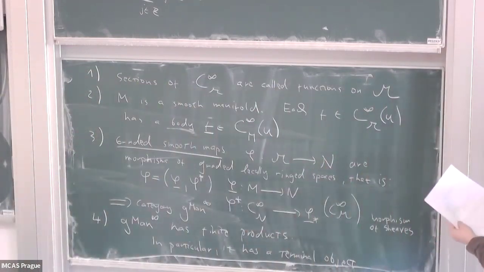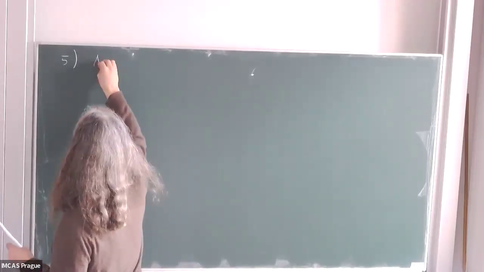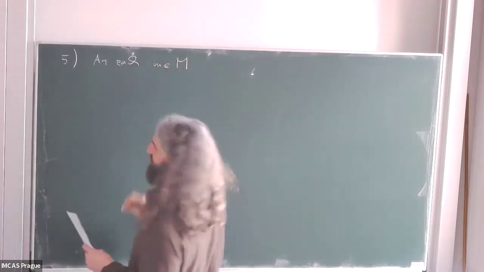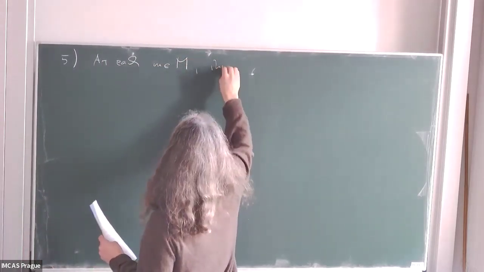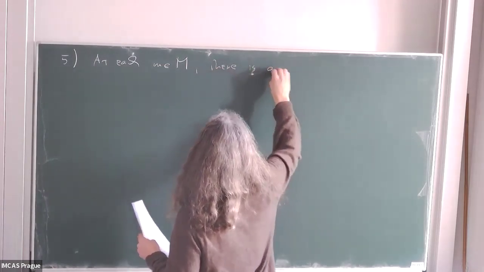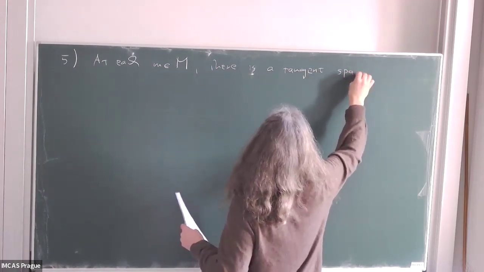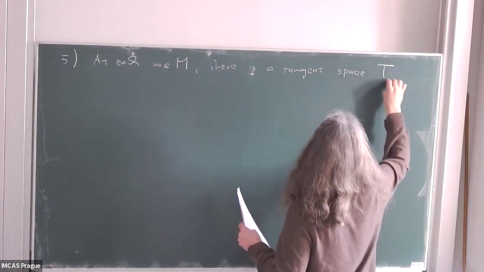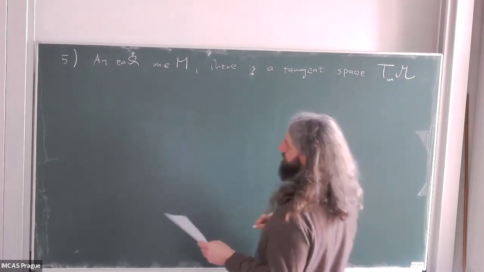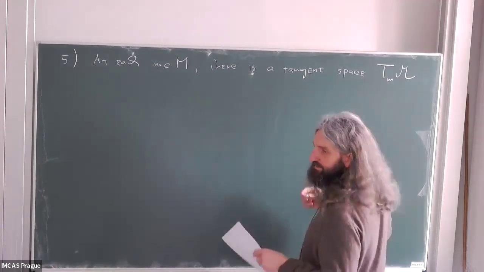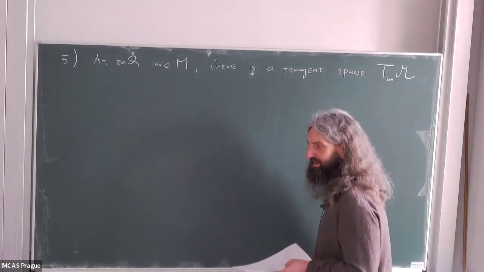Okay, and the last thing about graded manifolds, which is important again for technical purposes. At each point on the underlying topological space, there is a tangent space T_m M. So to every point of our underlying topological space, there is an associated tangent space, which is a real graded vector space.